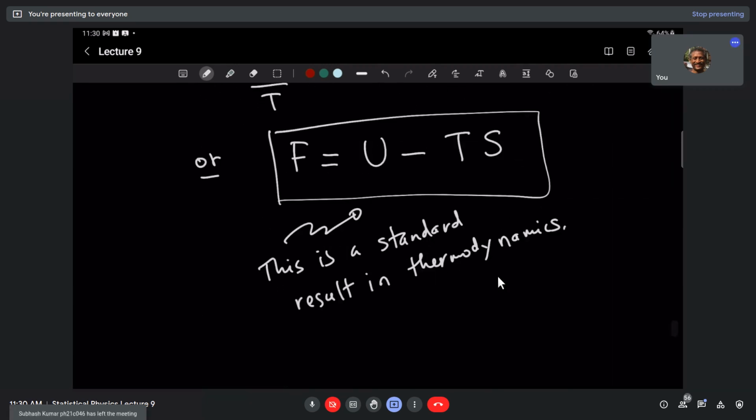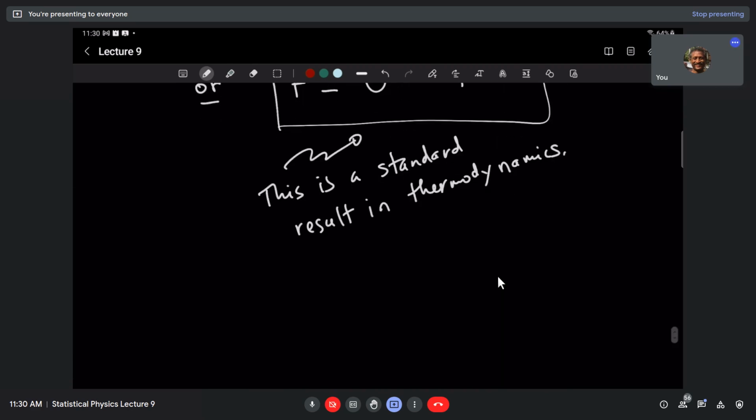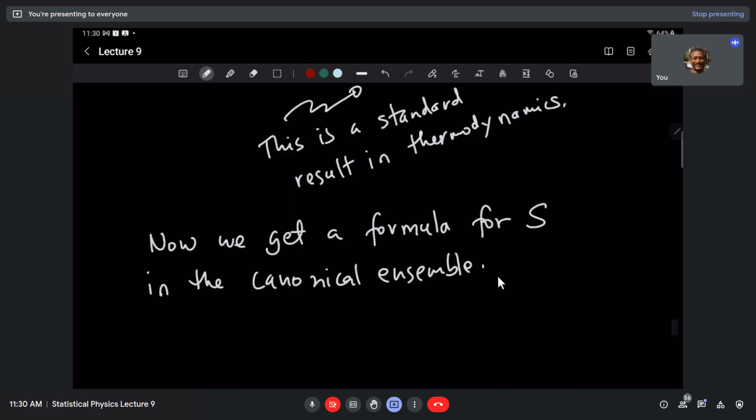Okay, so now we can see that we can get a formula for S. So we can use this. What does it say?